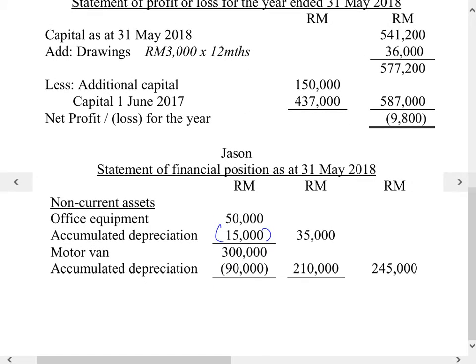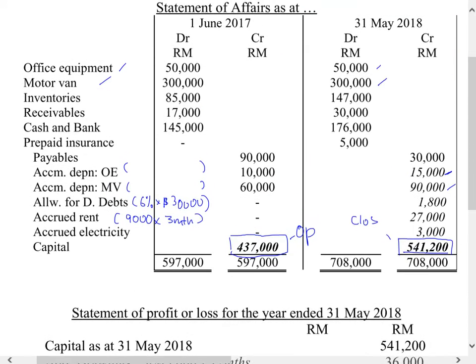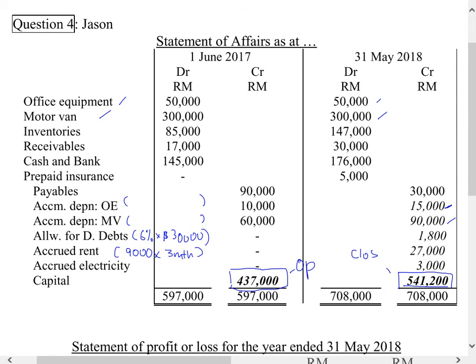Okay. What is after non-current asset? Current asset. What is in the current asset? Inventory, receivable, less allowance, prepayment, bank, cash. Do I have all this? Yes.